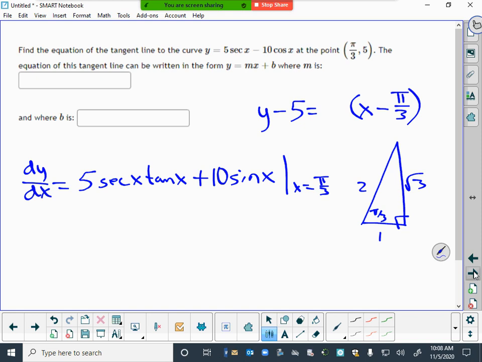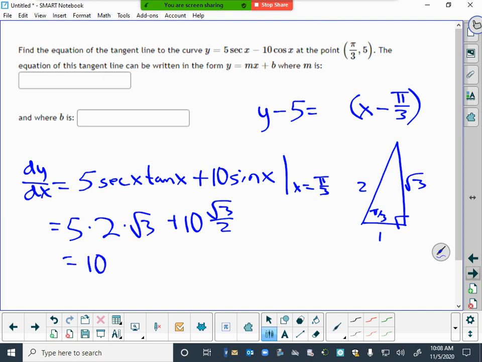So we should be able to build all these values off of that. The cosine is a half, so the secant would be 2 times the tangent, which is the square root of 3, plus 10 times the sine, which is the square root of 3 over 2.